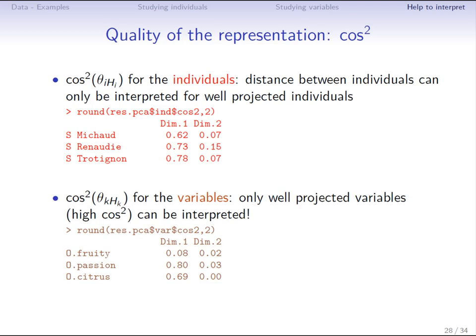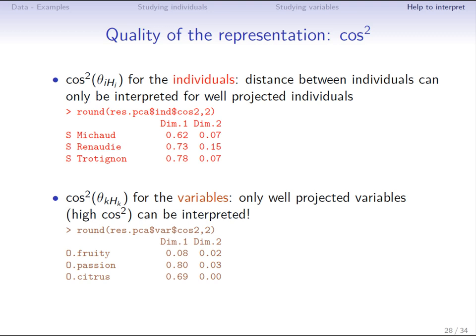Another useful indicator when interpreting the results is the quality of representation. We will consider the quality of representation of a variable or of an individual. The quality of representation of a variable is measured by the squared cosine of the angle between a variable and its projection on the map or on an axis.